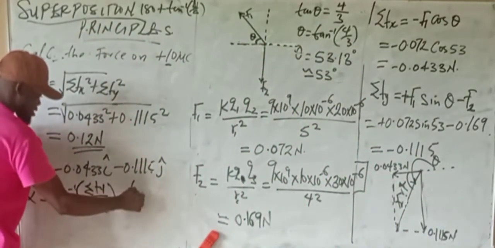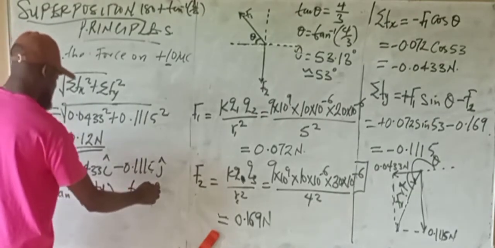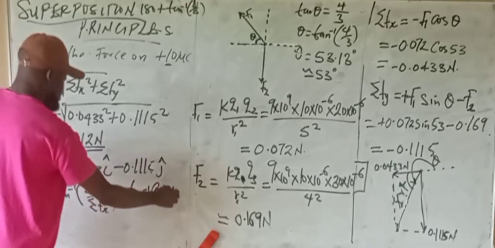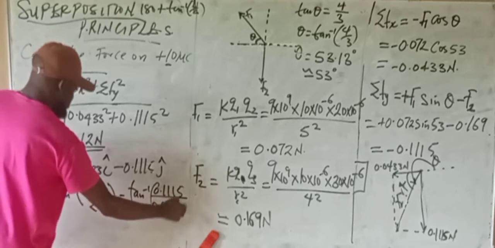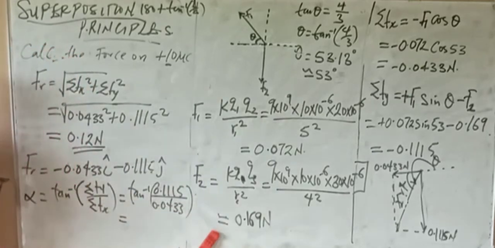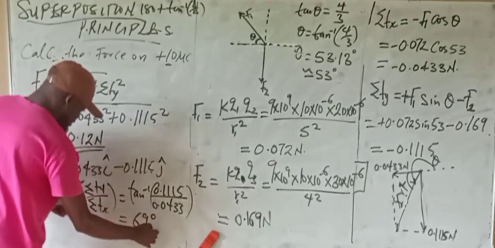Now we have tan inverse of 0.1115 over 0.0433, without the signs. So I'm having approximately 69 degrees for this.